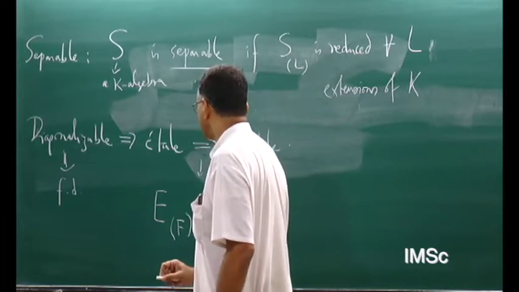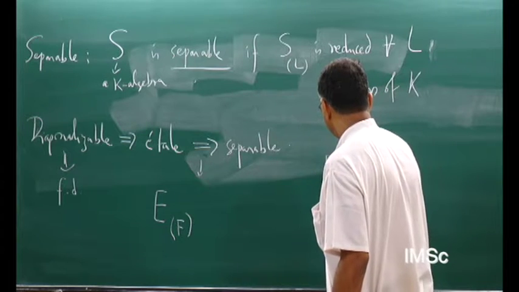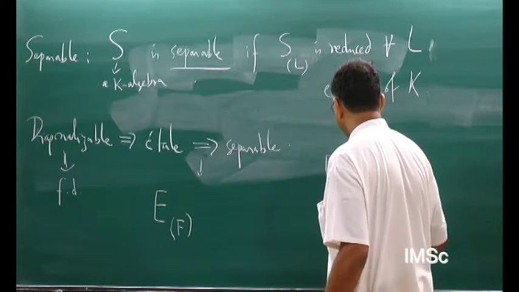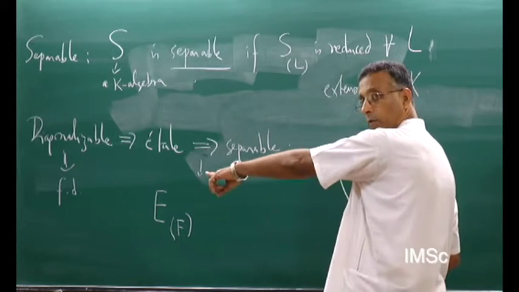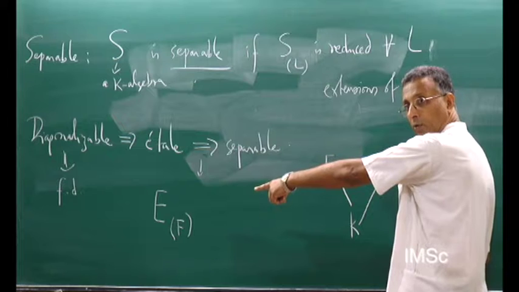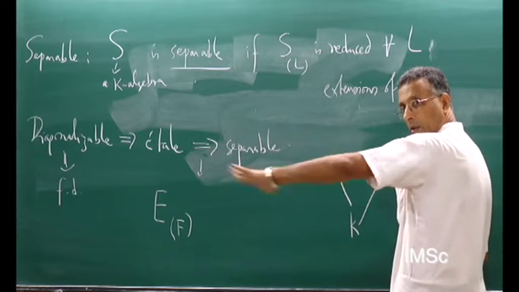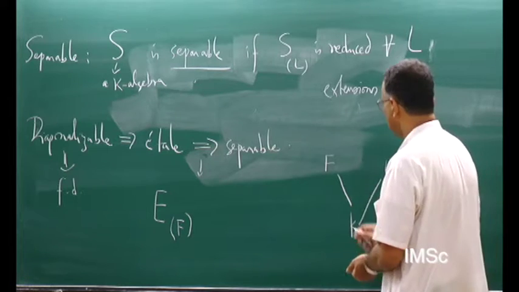Now, there exists an extension L for which this will split, this is diagonalizable over that.